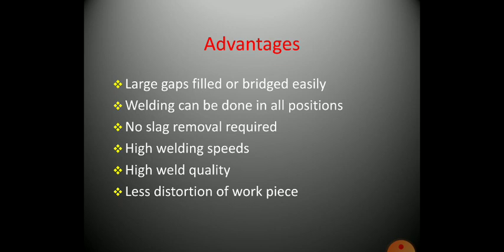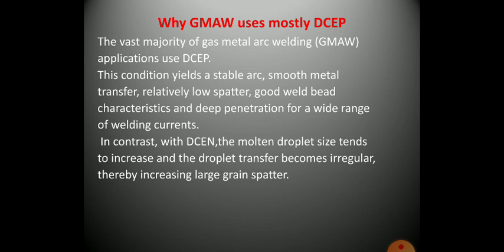This welding is very familiar with all positions, and it can be done in various positions to complete the welding. No slag removal, high welding speed, high weld quality, and less distortion of the workpiece as well. So this is why we are utilizing this system.